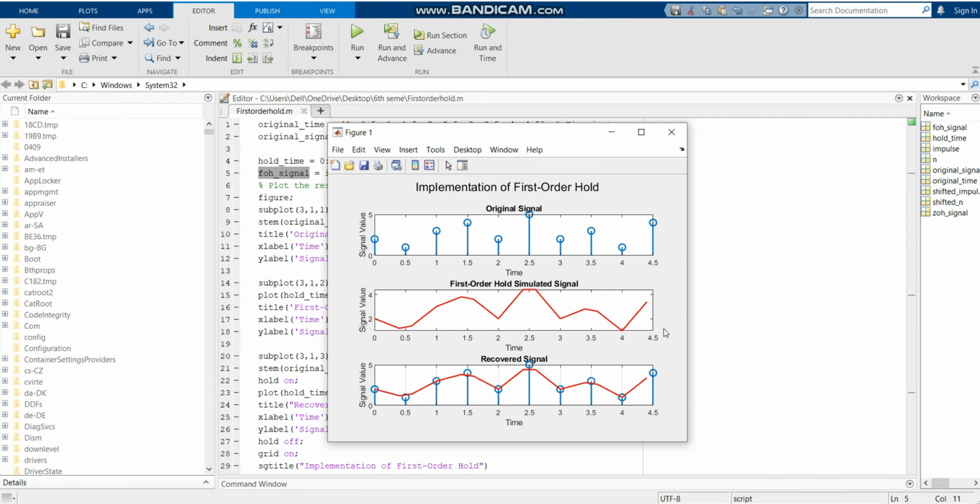The red line represents the piecewise linear approximation of the continuous signal between the specified hold times, whereas the third subplot overlays the original signal with blue stems and the first-order hold simulated signal with a red line. It provides a visual comparison between the original discrete signal and its interpolated version. Both signals are plotted together for a comprehensive view, and the plot includes appropriate labels, titles, and grid lines for clarity.